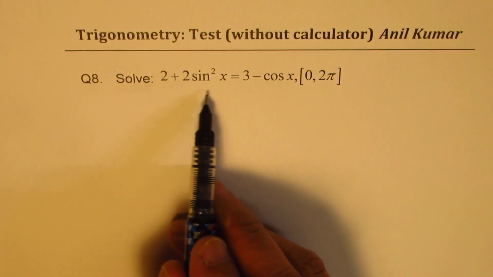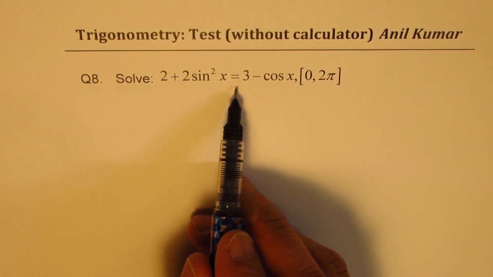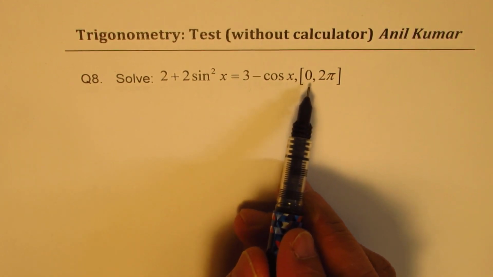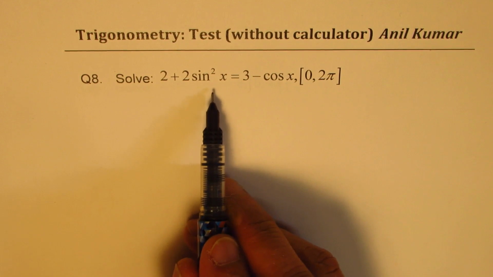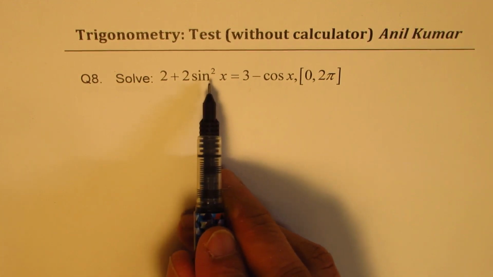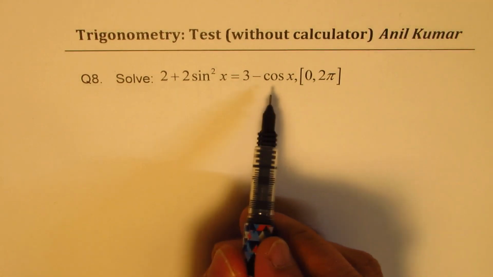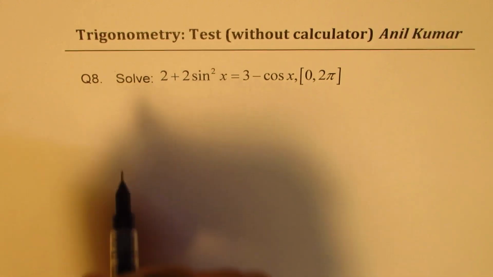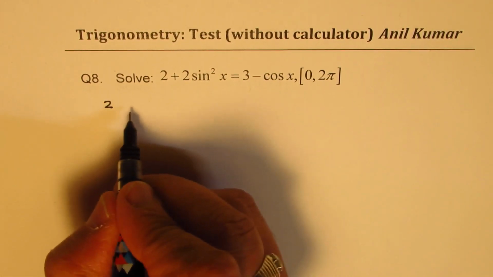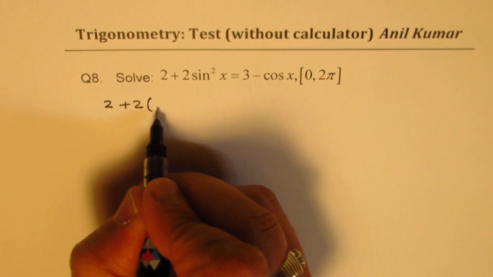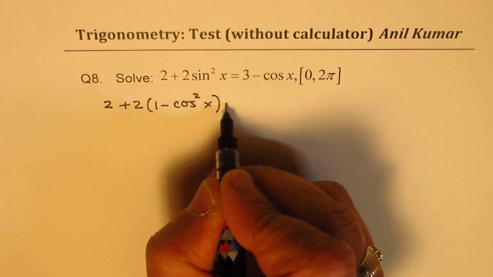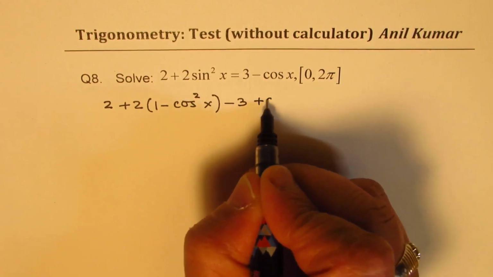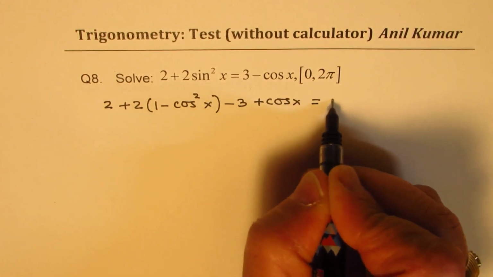We have 2 plus 2 sine square x equals 3 minus cos x. This time we have to provide the solution between 0 to 2 pi. Now, it is better to write sine square x as 1 minus cos square x and bring all the terms together. So we'll rewrite this as 2 plus 2 times 1 minus cos square x, bringing 3 here because it's minus 3 plus cos x equals 0.